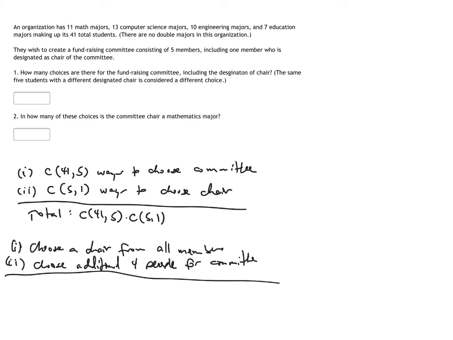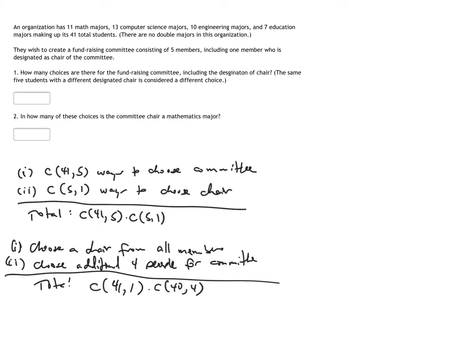In that case, the total is, how many people were there again? 41. So there's 41 choose 1 ways to pick the person from the whole group who's going to chair this committee, and then only 40 people remain, and we're going to choose 4 more of those to sit on the committee.